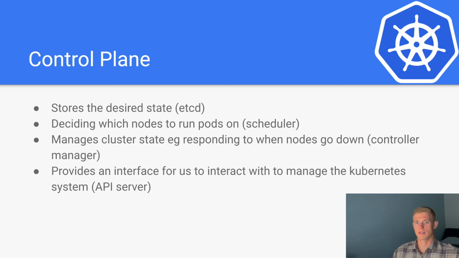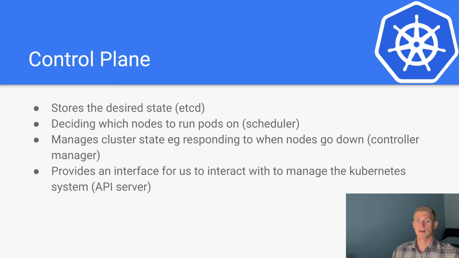So how does it do that? There are a few key components that I will quickly go through. It stores the desired state using etcd, which is a highly available key value store. It decides which nodes to run pods on using the scheduler. It manages cluster state, e.g. responding to when nodes go down using the controller manager.